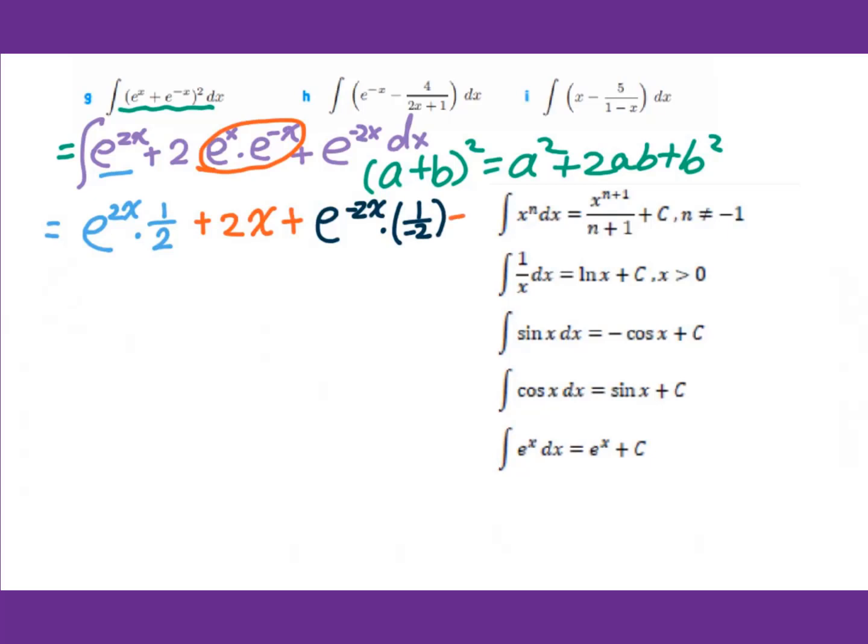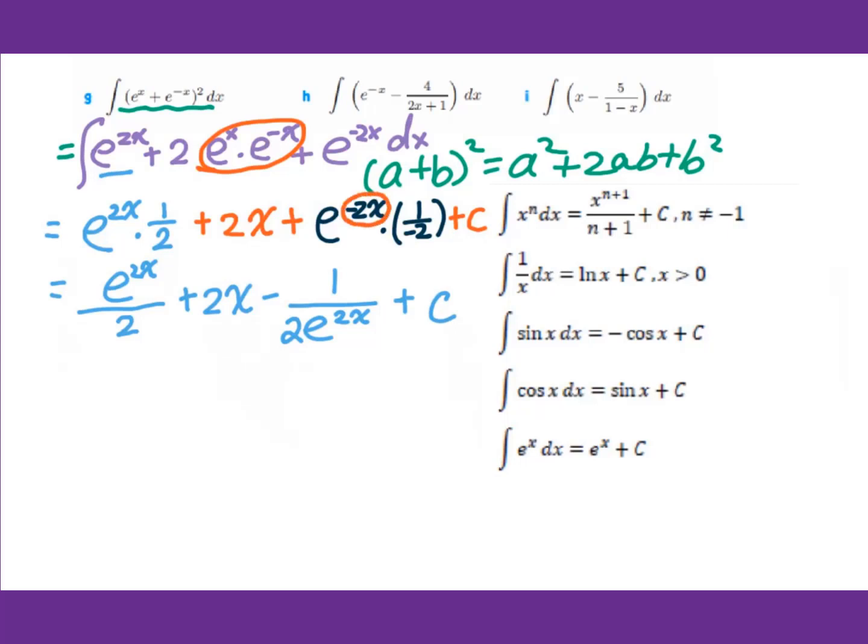Then you add c. So you have e to the 2x power over 2 plus 2x, then minus e to the 2x, here's 2. This is 1. Then plus c. Because for negative exponents, you have to go to the denominator.